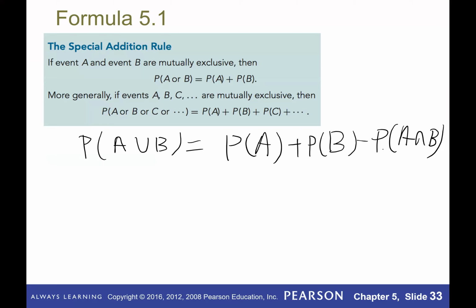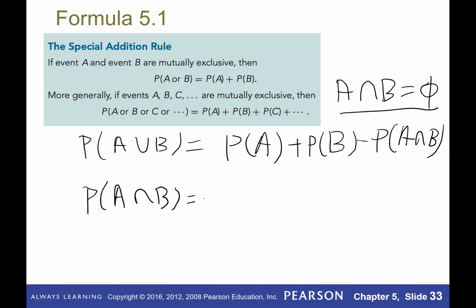If A and B are mutually exclusive, then A intersection B is empty. It doesn't contain any element. When an event doesn't have any outcome, the probability of that event occurring is zero, because this is an impossible event. It will never happen. So the probability of A intersection B will be zero.